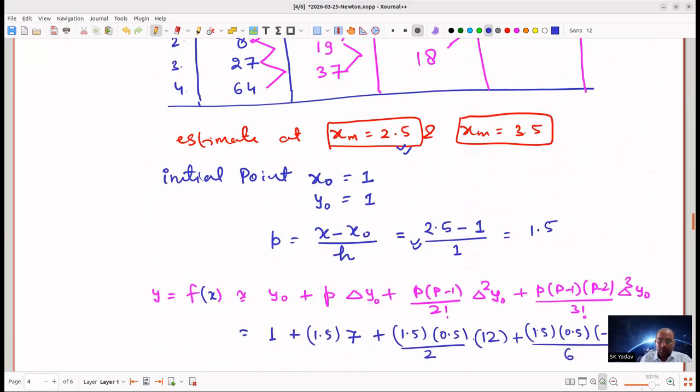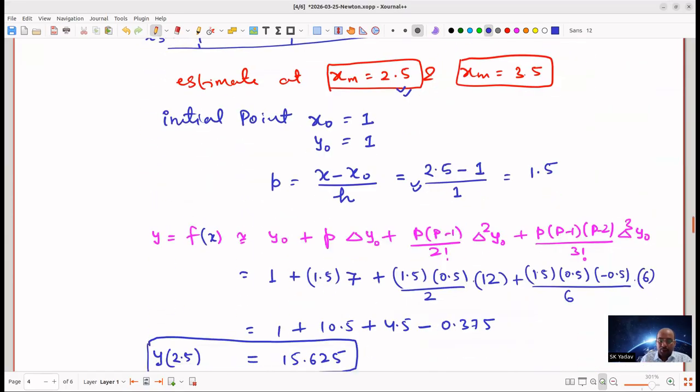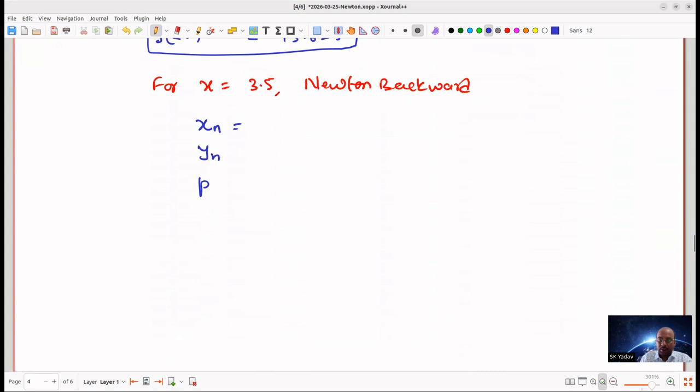So let's see in the table what the last value is. So I have here, this is your x0, this is x1, this is x2, this is x3. Okay. So the last value is x3 here, equal to 4, and the last value of y is y3 here, which is 64, and the p value is x minus last value divided by h, which is the step size.